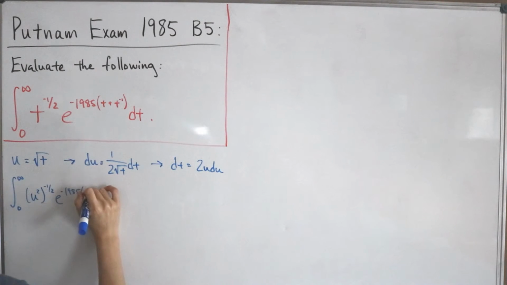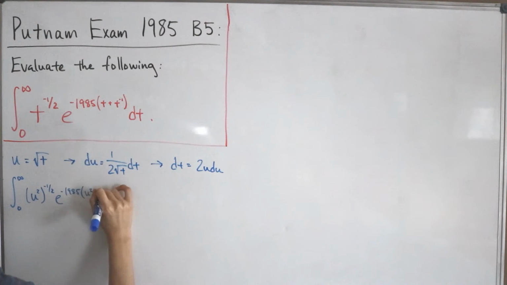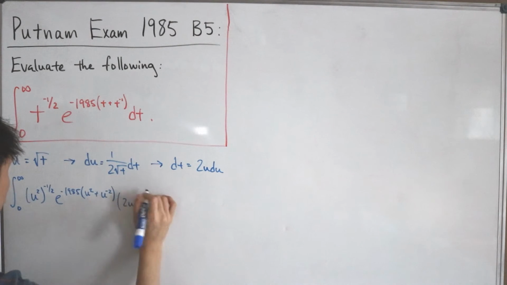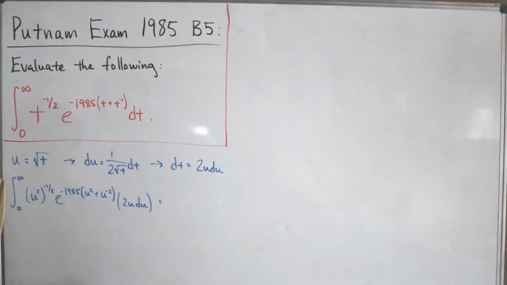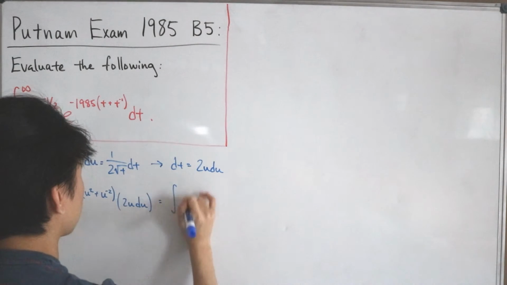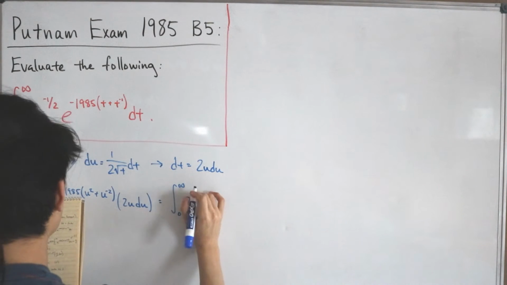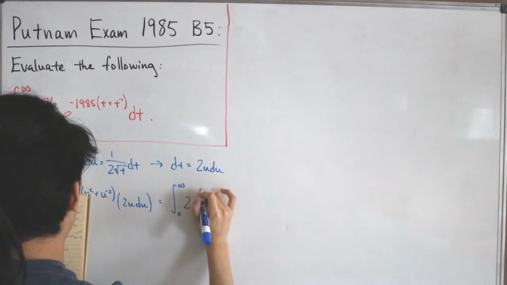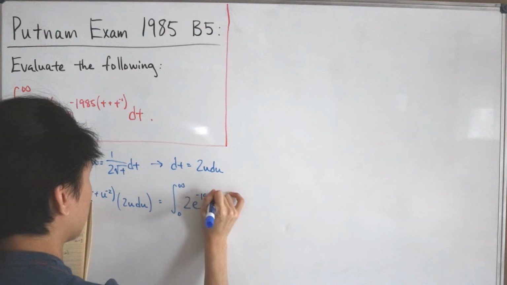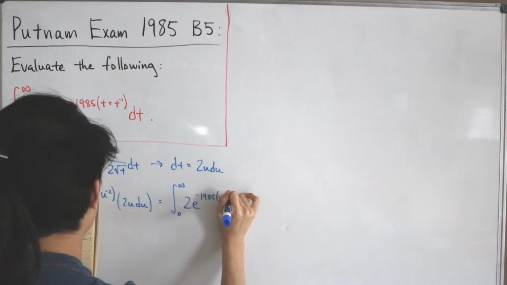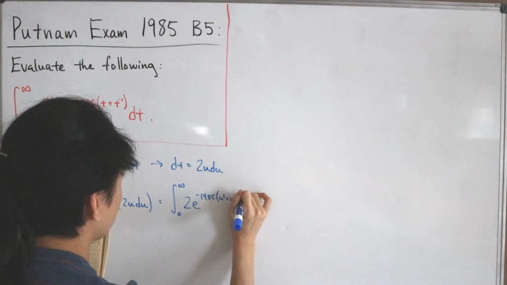That would be u squared added with u to the power -2, and then put in your new differential dt, which is 2u du. If we simplify all this out, we get this simplified improper integral: 2 multiplied by e to the power -1985 times (u squared added with u to the -2) du.